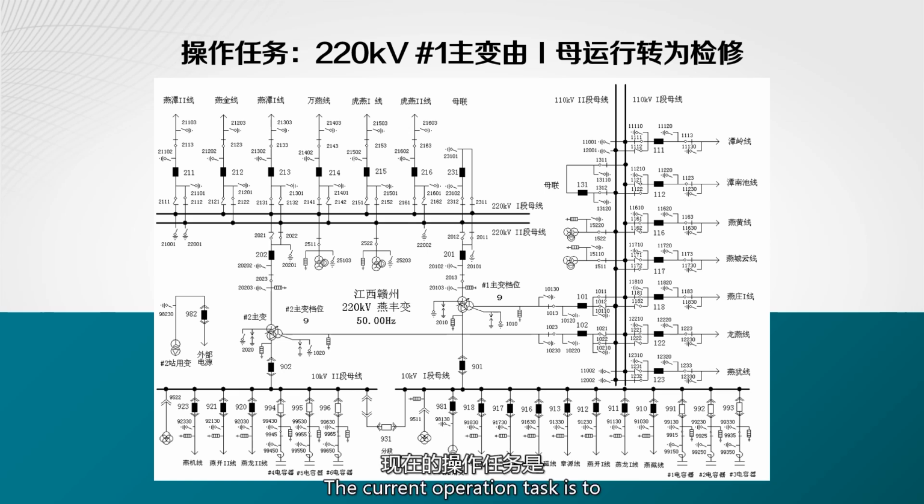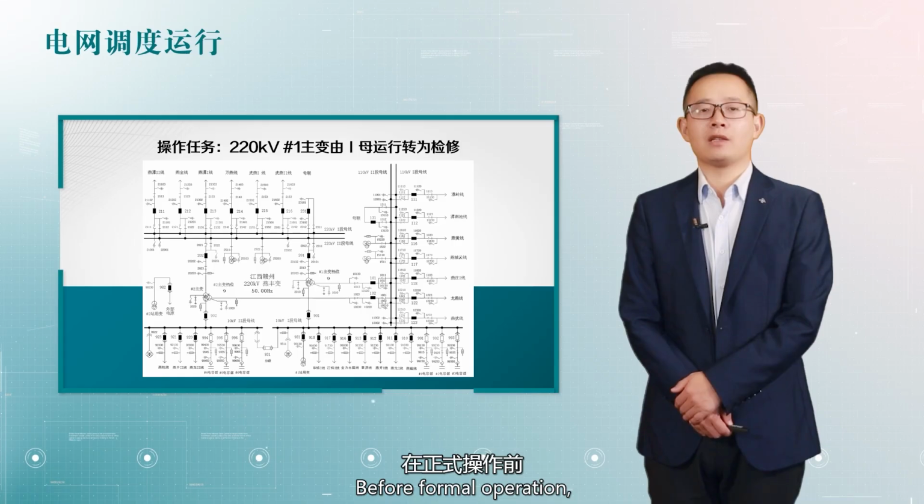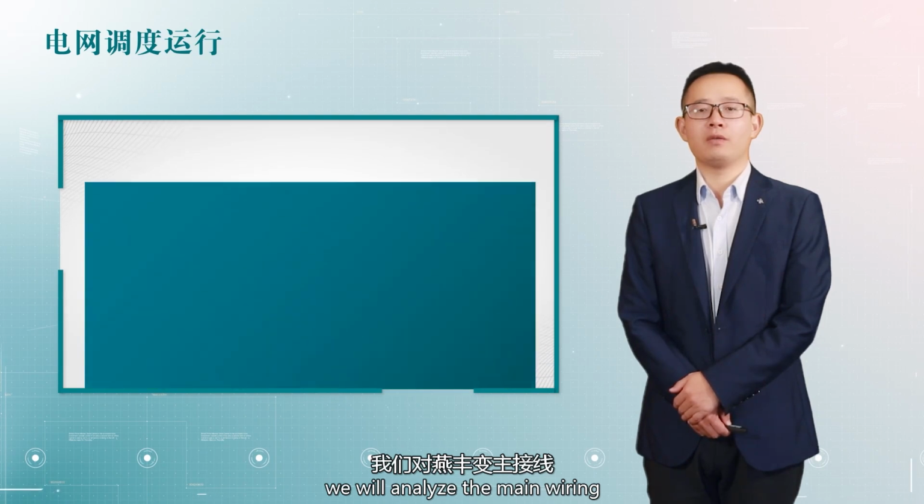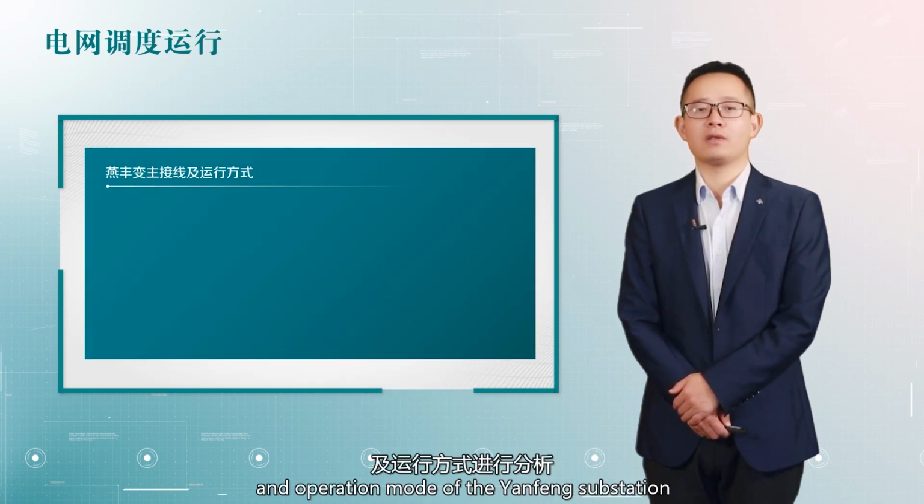The current operation task is to switch the 220 kilovolts number 1 main transformer of section 1 bus from the operational state to the maintenance state. Before formal operation, we will analyze the main wiring and operation mode of the Yanfeng substation.